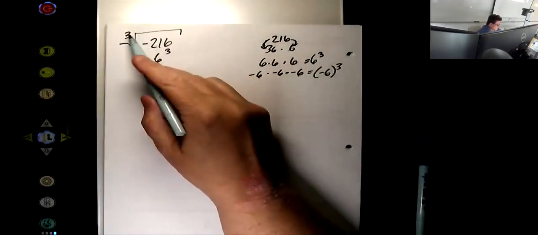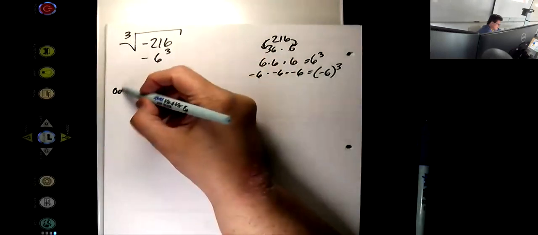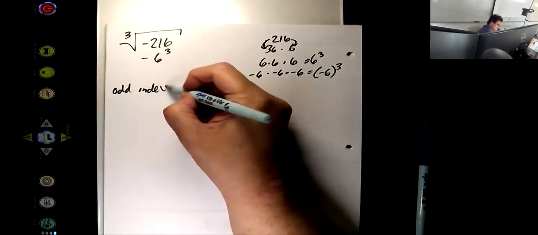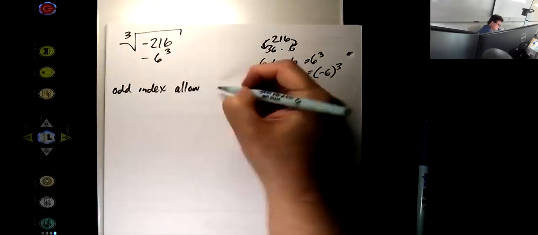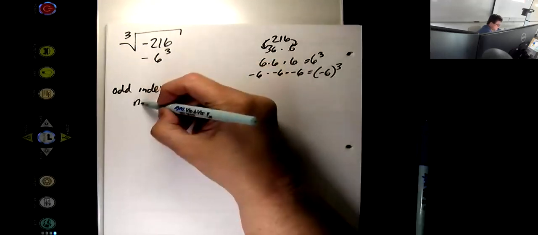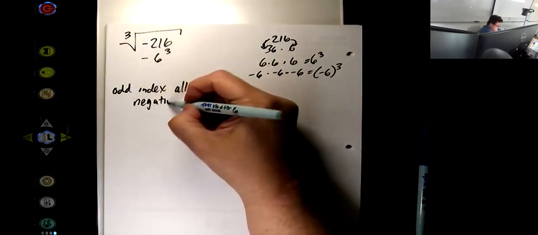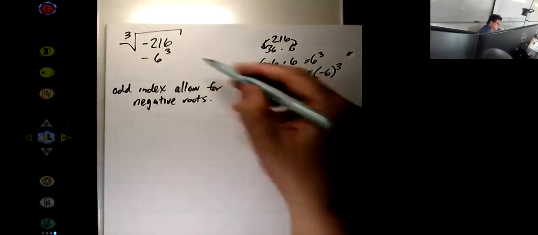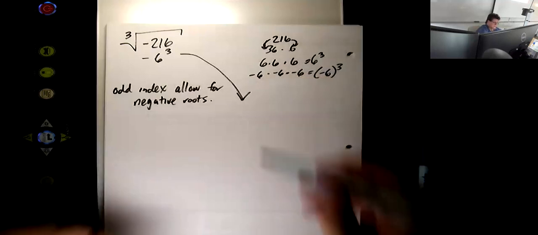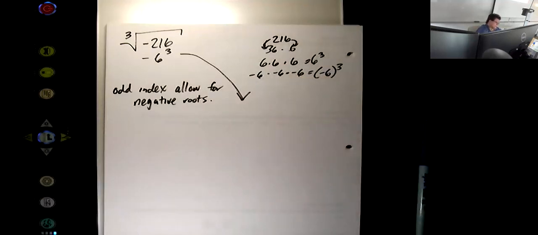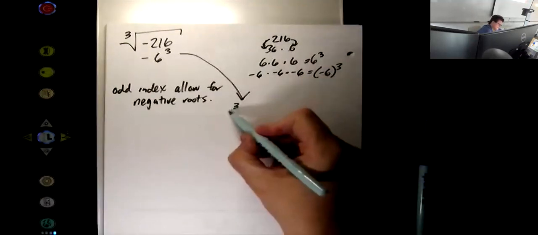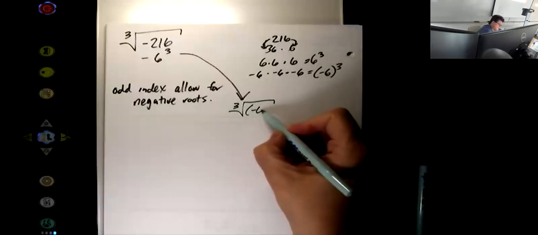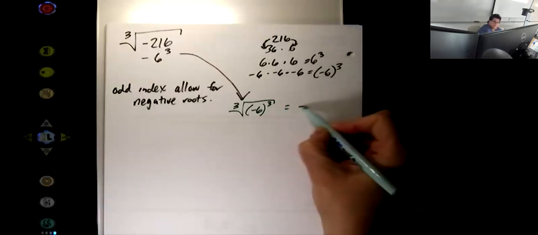When you have an odd root, an odd index allows for negative roots. This is the cube root of negative 6 cubed, which is negative 6.